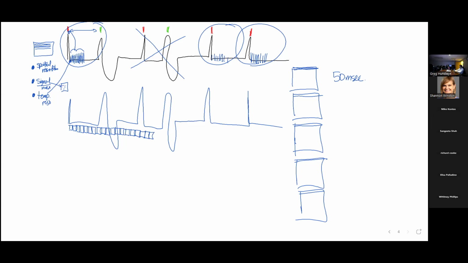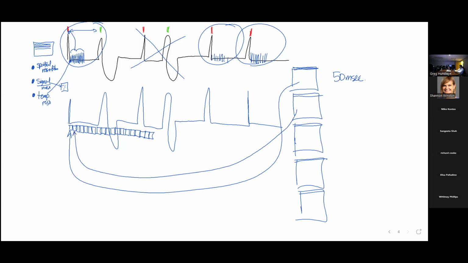We capture all of these blocks one at a time. And that's called real-time imaging.